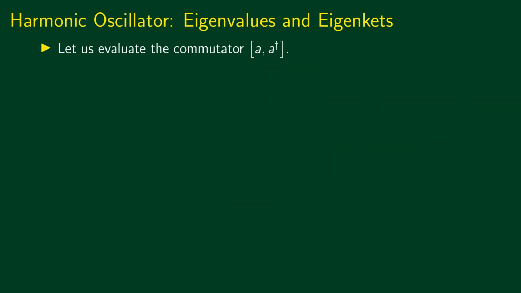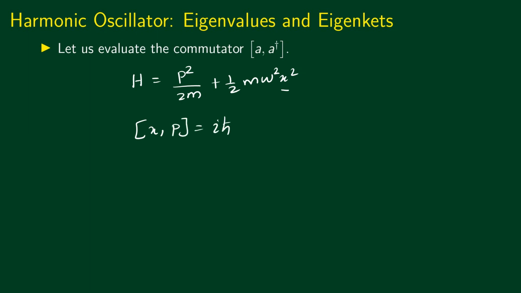We started our discussion with the harmonic oscillator Hamiltonian H is equal to p squared divided by 2m plus half mω squared x squared. This Hamiltonian is written in terms of the position operator and the momentum operator. The properties of the position and momentum operators are determined by the fundamental commutation relations satisfied by them. Especially we had the commutator of x and p is equal to iħ.